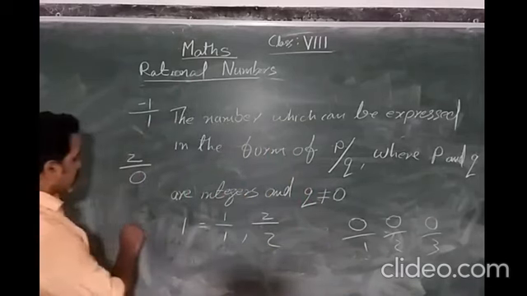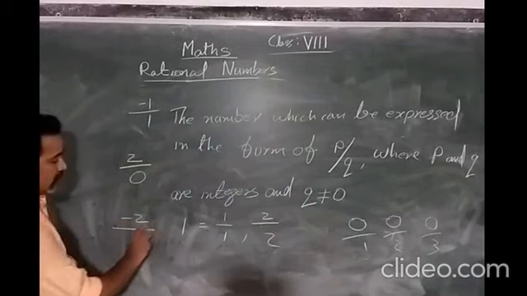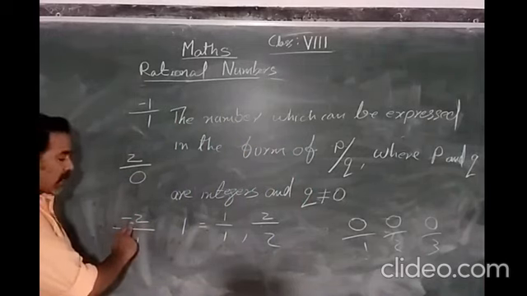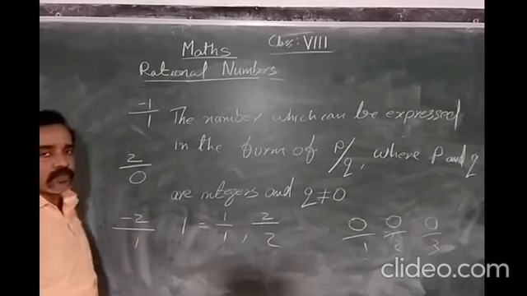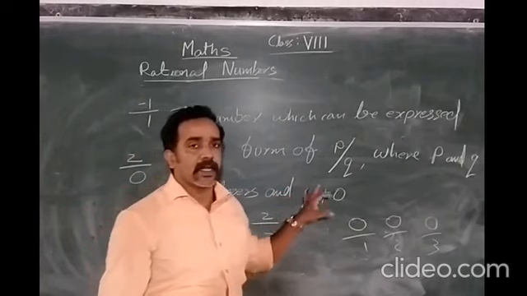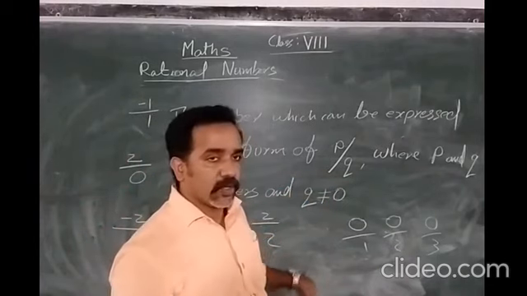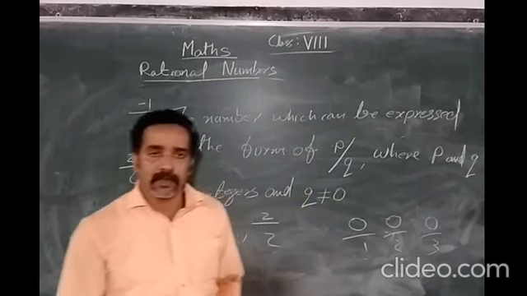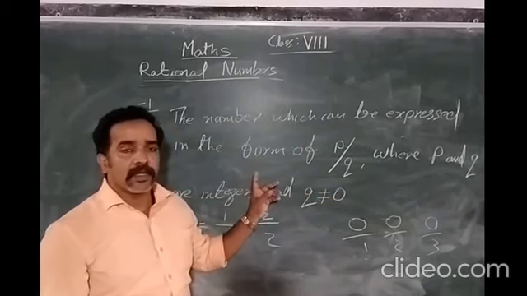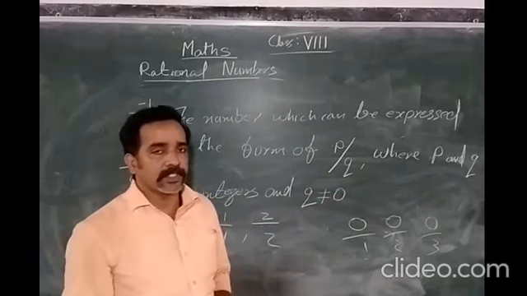Minus 2 can be expressed as minus 2 by 1. Minus 2 is an integer, and 1 is an integer. 1 is not equal to 0. So any number that can be expressed in the form of p by q, where the denominator q is not equal to 0, is called a rational number.